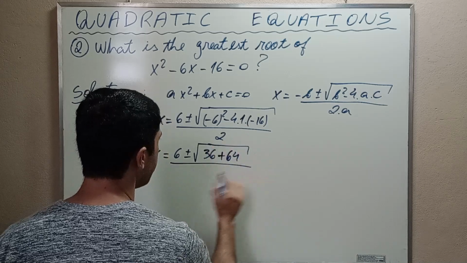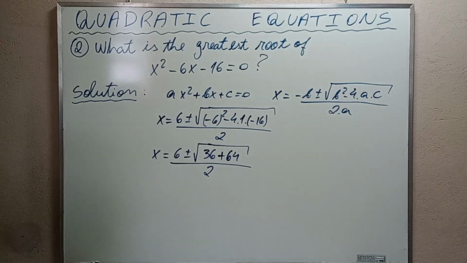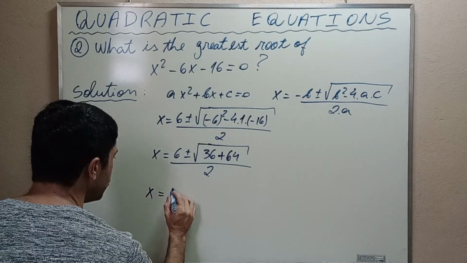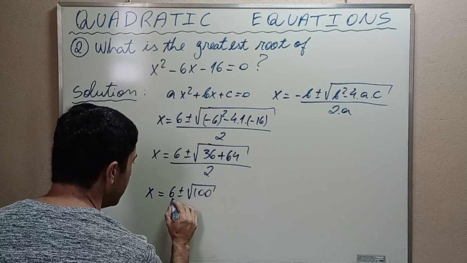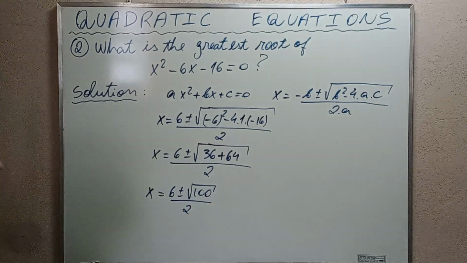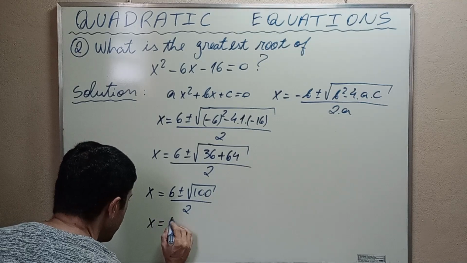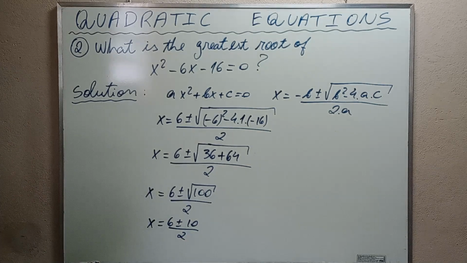It all divided by 2. 36 plus 64 is 100. x is equal to 6 plus minus the square root of 100 divided by 2. And the square root of 100 is 10. Okay? x is equal to 6 plus minus 10 divided by 2.